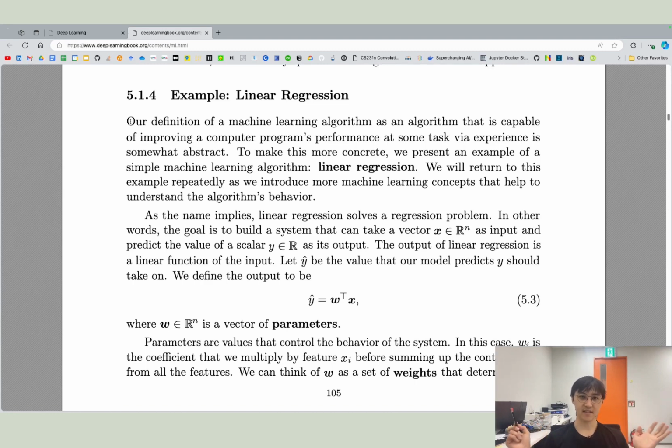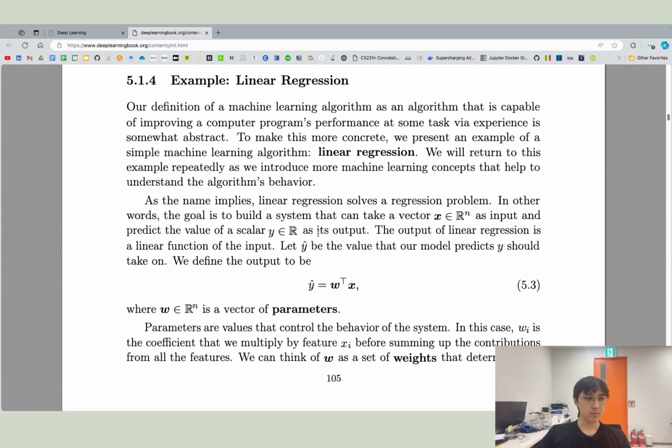Linear regression is a very simple algorithm, and it predicts continuous numbers, which means it is a regression task.